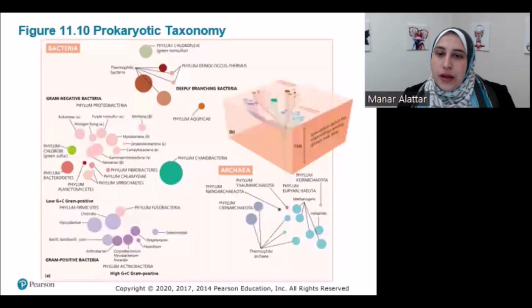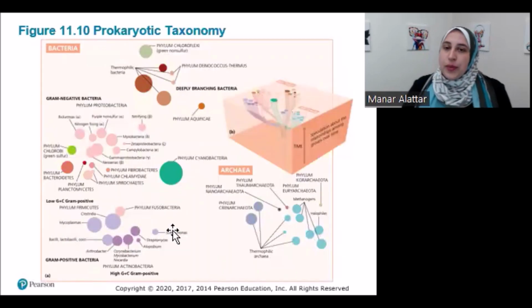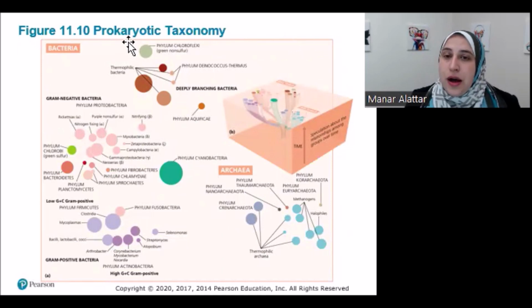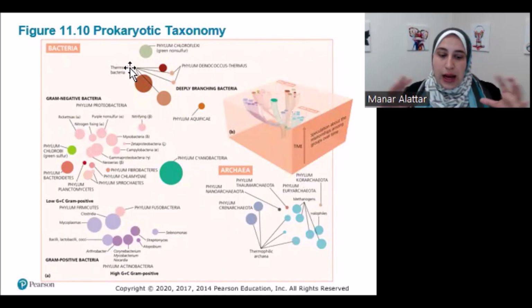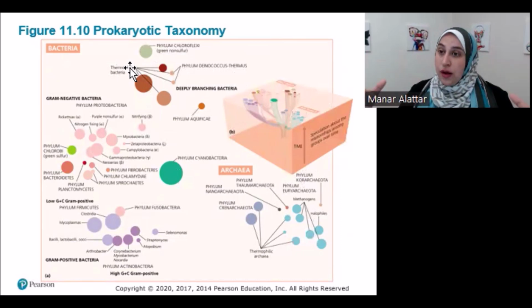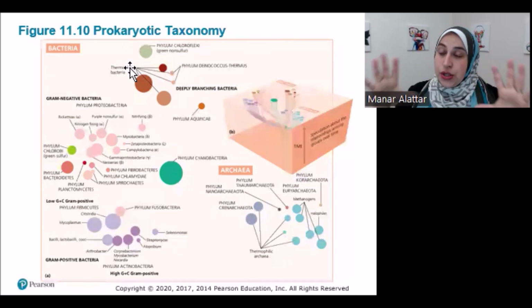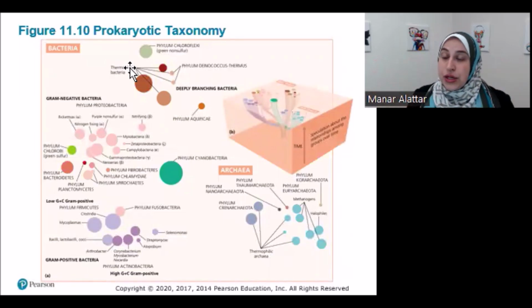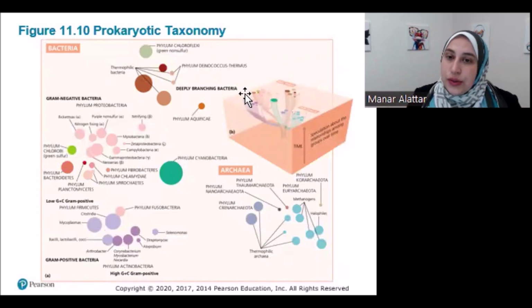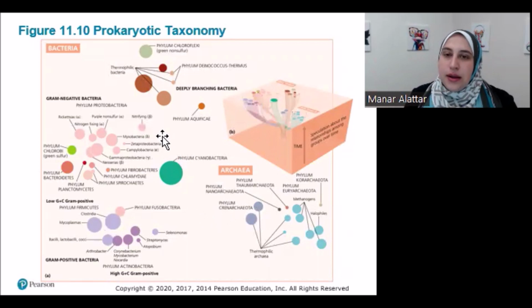Let's look at this diagram of prokaryotic taxonomy. You're looking at how prokaryotes fall specifically in relation to their genetic diversity, their DNA, and their phylogeny. There's also information on their metabolism and other characteristics woven into those categories.